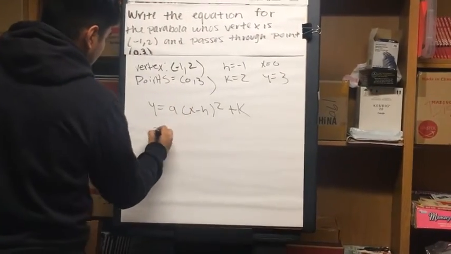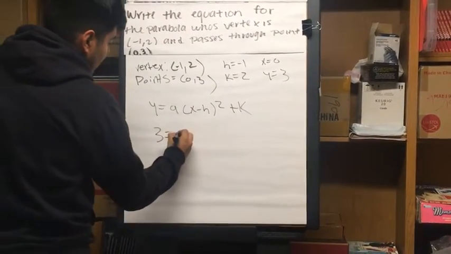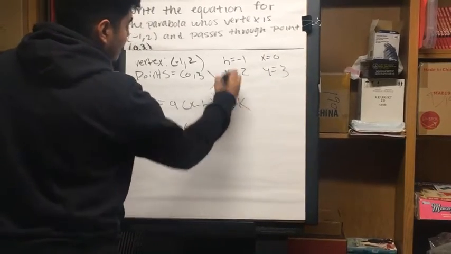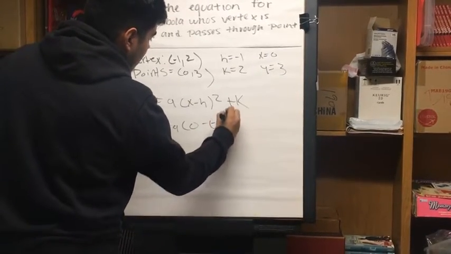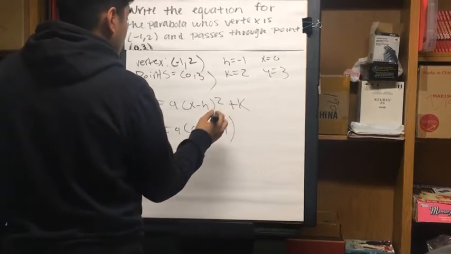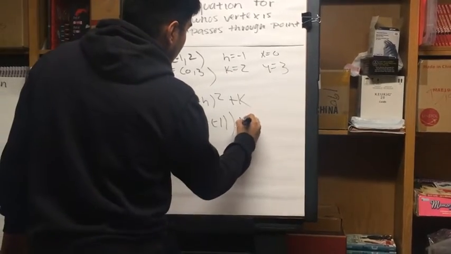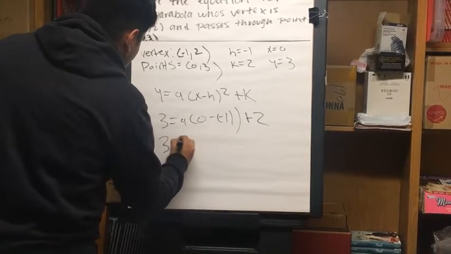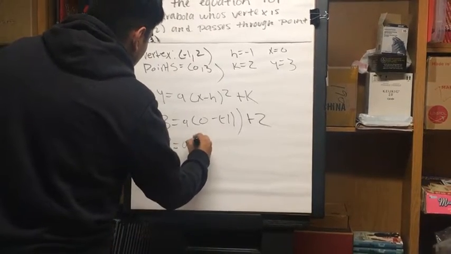So for y it's 3, and then a times 0 minus -1, and then k, plus 2. Alright, and then we'll solve it.